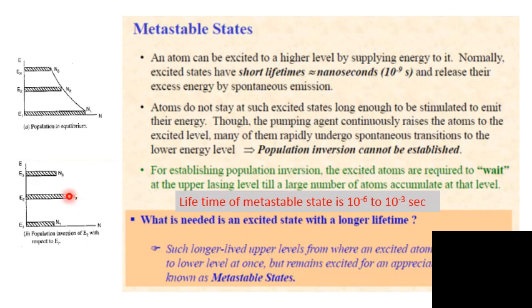Why do we have the metastable state over here instead of this? This is my question to you guys. Why not have the metastable state on this level? Why do we have it on level 2? Just think about it.